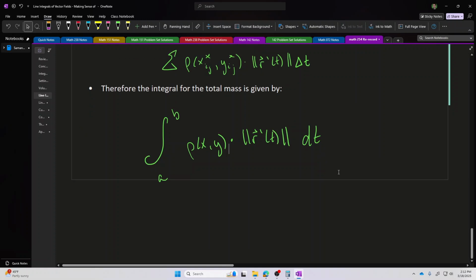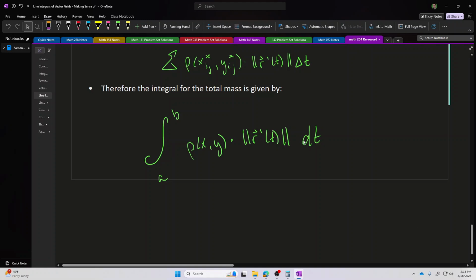Now, what we have written so far is correct, but it's not completely useful in its current format because this is an integral with respect to t, but my expression still contains my other variables, x and y.